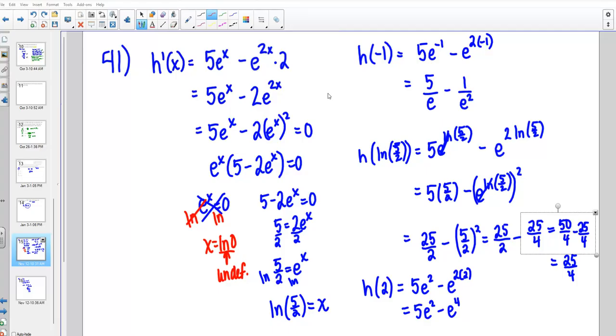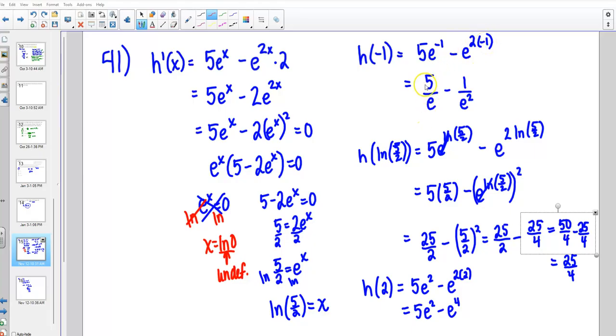I can't remember exactly what's happening here, but I have seen something similar. So when you plug in -1, you get 5e to the -1 minus e to the 2 times -1.